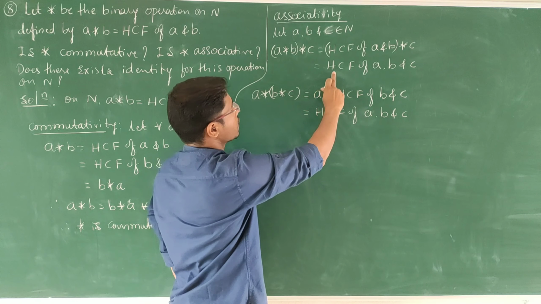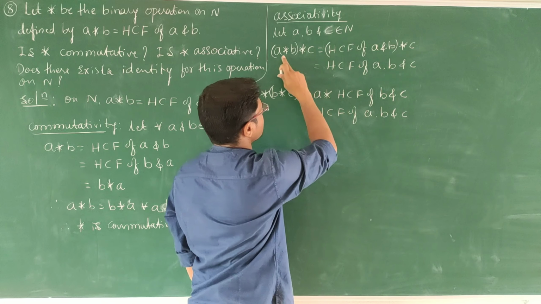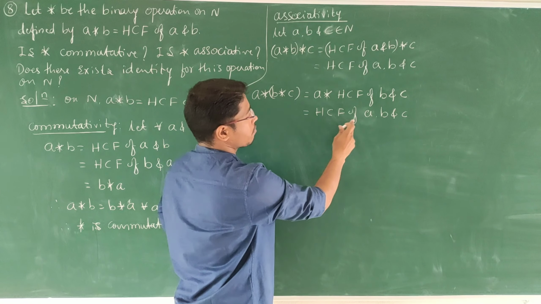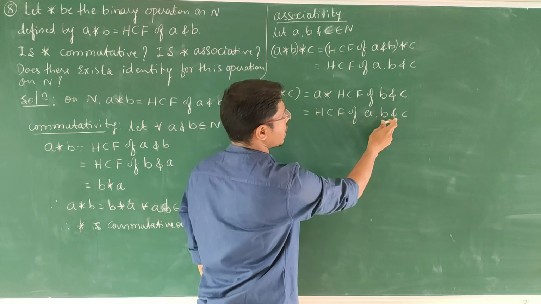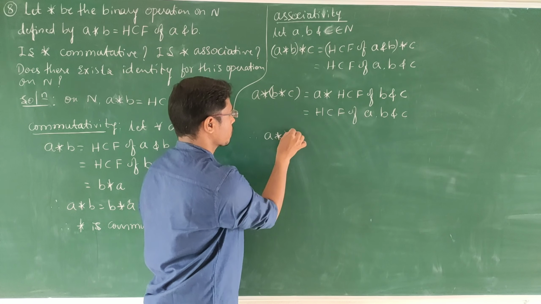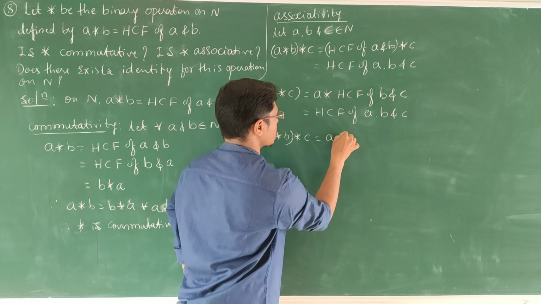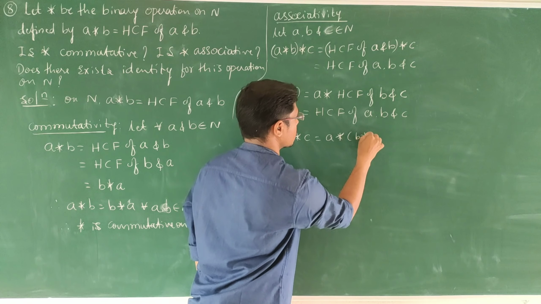So see, HCF of A, B and C is (A star B) star C, and HCF of A, B and C is A star (B star C). So therefore (A star B) star C equals A star (B star C).